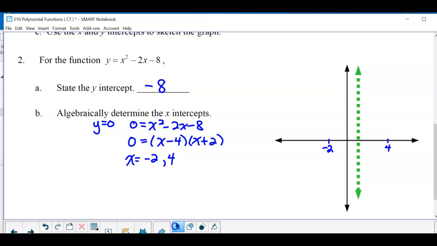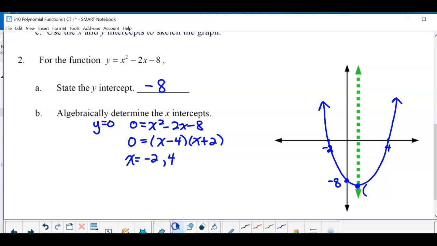So that looks kind of more like halfway in between. And y-intercept is negative 8. We have to just estimate here. Make sure the vertex is on the axis of symmetry. And then this would be negative 8.